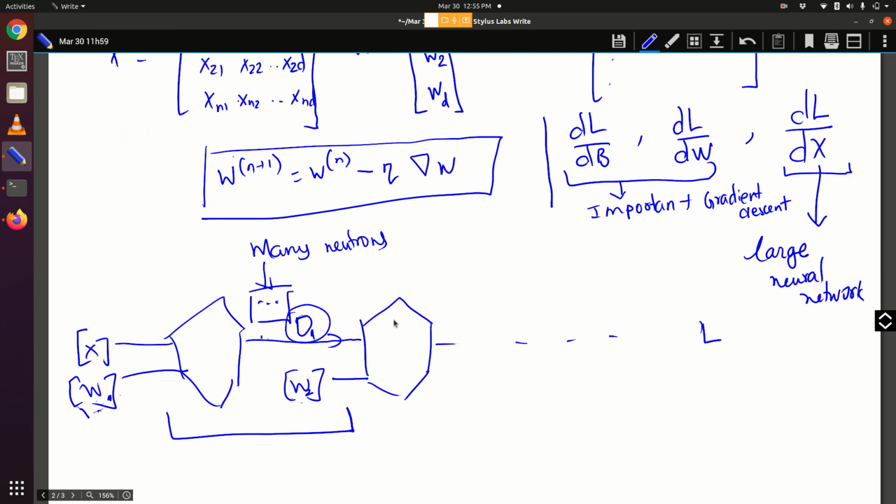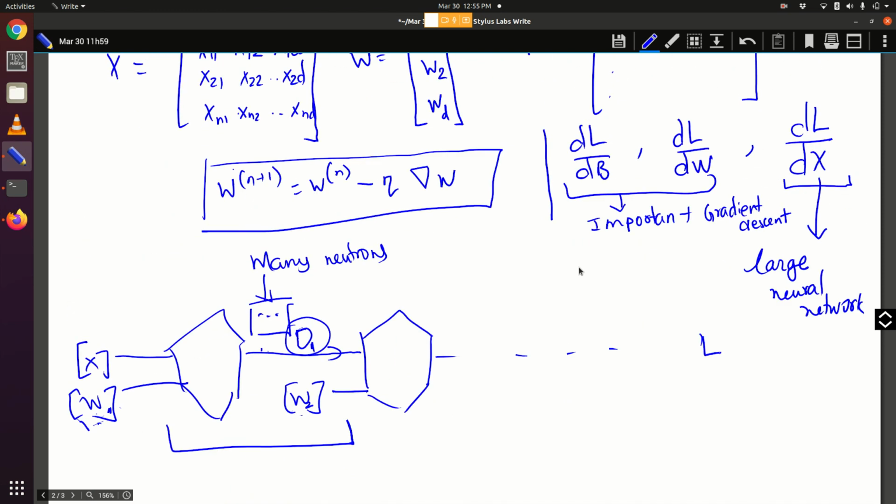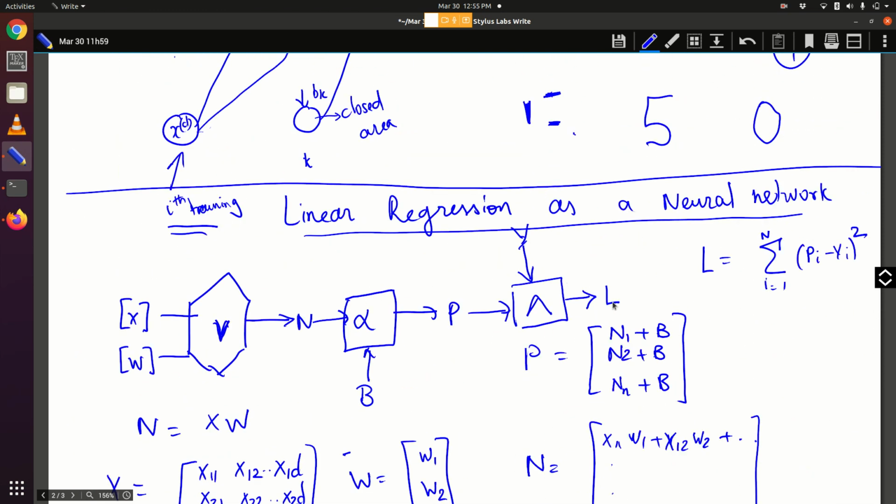Try to find out what DL by DP is, what DL by DB, DL by DN are. Tomorrow we will do it anyway, so this is homework to think about.